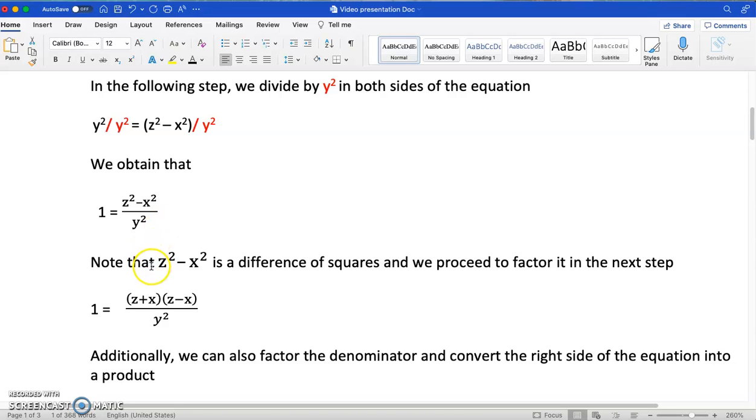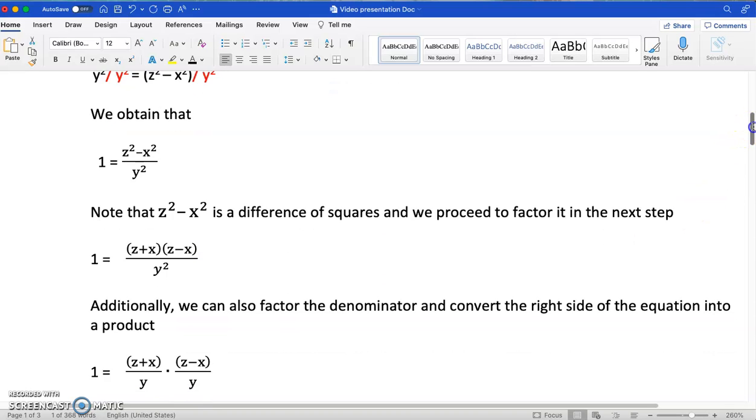But note here that c squared minus x squared is a difference of squares. So we're going to proceed to factor it. When we factor this difference of squares, we obtain 1 equals c plus x times c minus x, all of that over y squared.